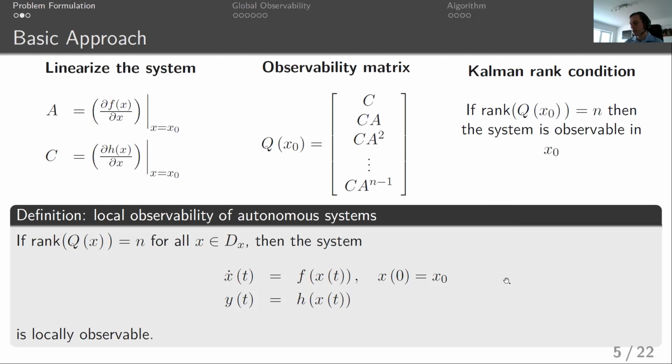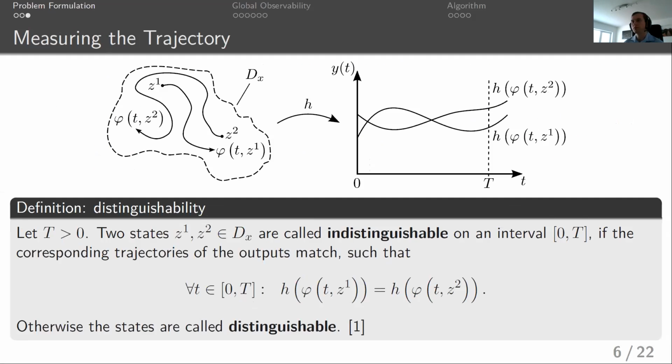In order to test this, we already saw it in the previous talk by Herr Tipken. We take one point of a system, Z1, and its corresponding trajectory, and another point, Z2, and also its corresponding trajectory. But this happens hidden inside the nonlinear system. What we see is the mapping of these trajectories in the output, and now we can compare the output of these two states.